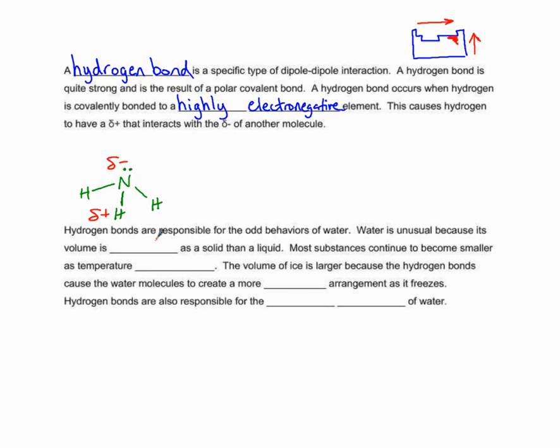So let's say this ammonia is dissolved in some water. So here's a water molecule. Actually, I'll make it blue. So here's a water molecule, and here's another water molecule.